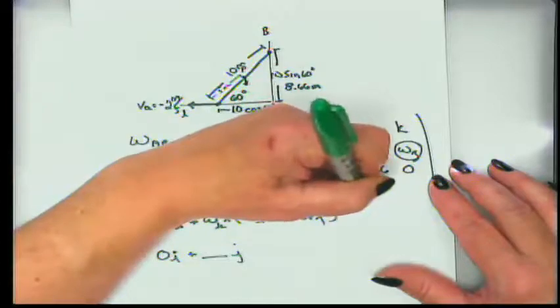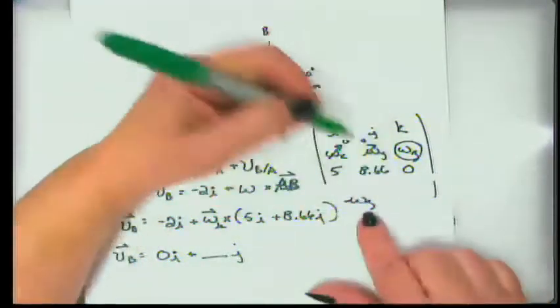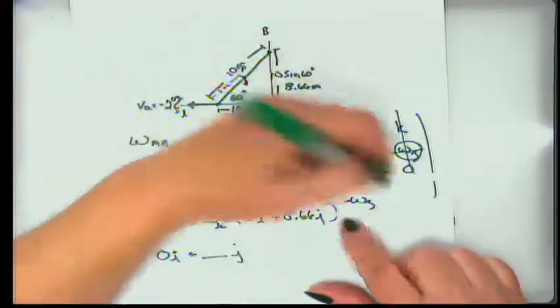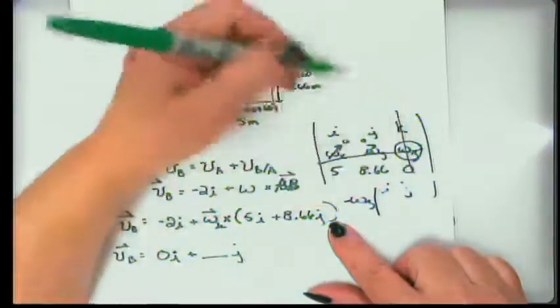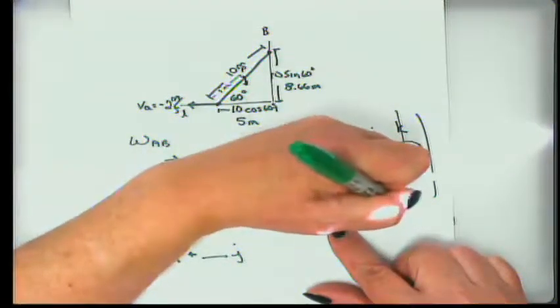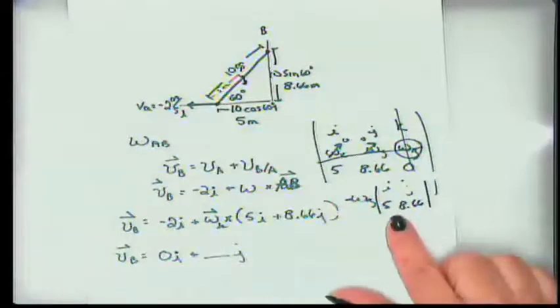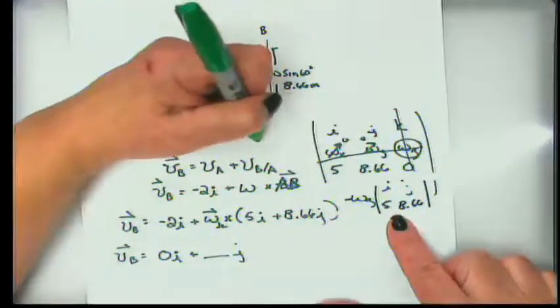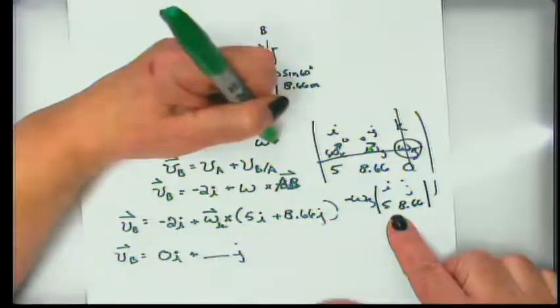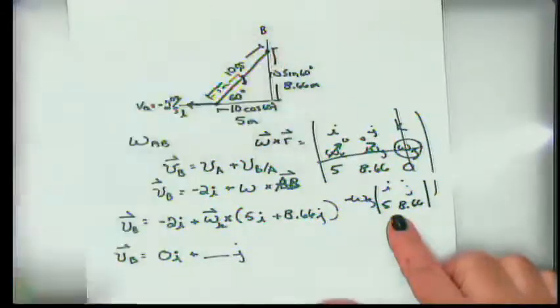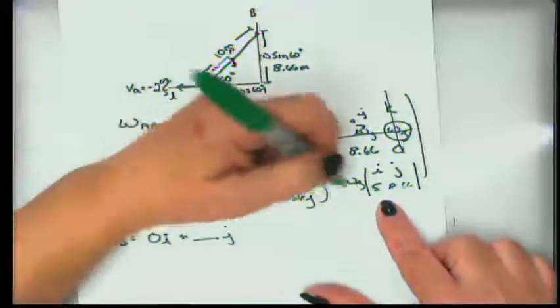So I get minus omega z times i, j, 5, and 8.66. Okay? And I should probably put omega crossed with r here, just so that I don't get confused. Okay?